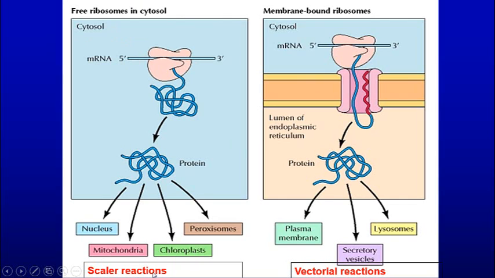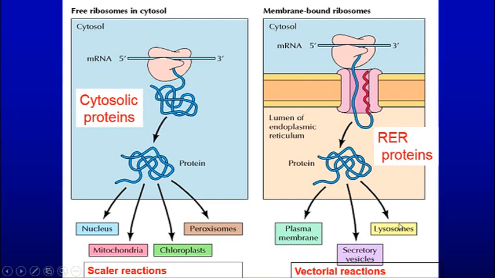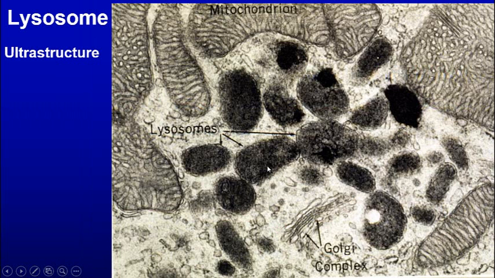We'll talk about that today as a scalar reaction, or through the rough endoplasmic reticulum for the plasma membrane, secretory granules for a vectorial reaction, and lysosome, as we'll talk about it. Cytosol, RER proteins. So lysosome is the first thing that we want to look at.